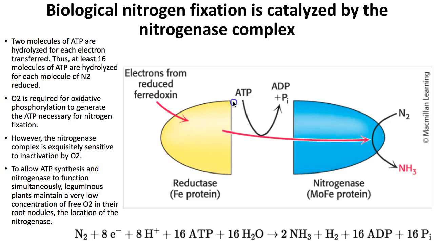What happens is that ATP synthesis and nitrogenase function simultaneously in certain plants called leguminous plants, where a very low concentration of free oxygen is maintained in the root nodules.